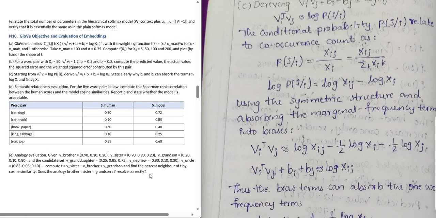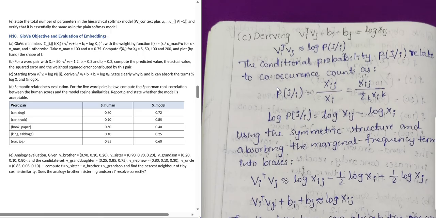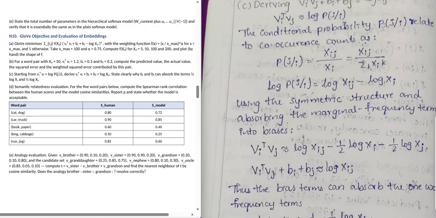In the next, we are deriving the v of i. These are the equations. v_i transpose v_j plus b_i plus b_j is equal to log x_ij. For the co-occurrence counts, we use the probability of j given i, which is equal to x_ij by x_i.